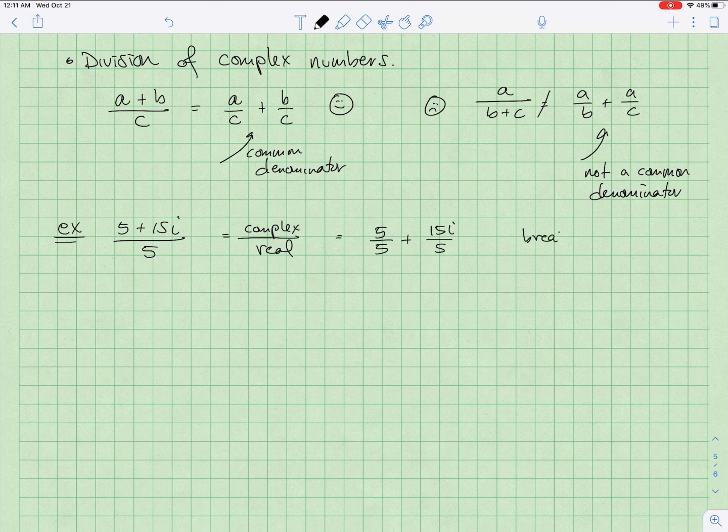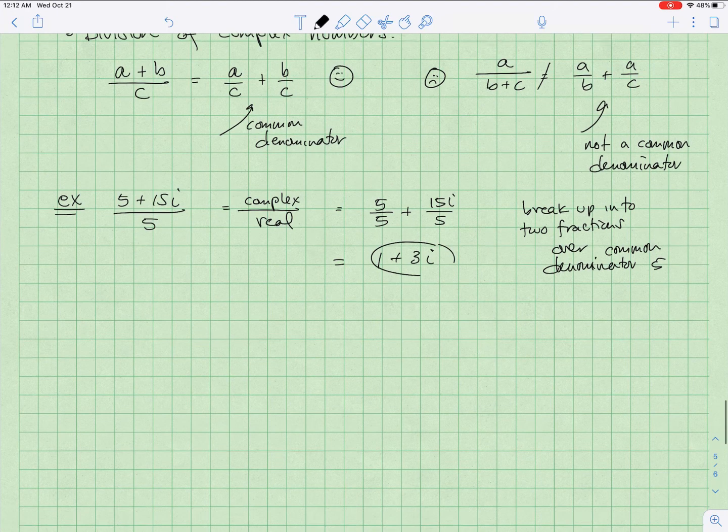So we're going to break up into two fractions over the common denominator of 5. And this will simplify to be 1 plus 3i, and that's our result.